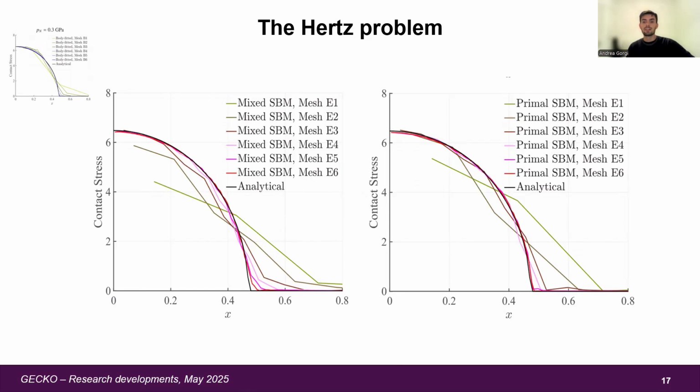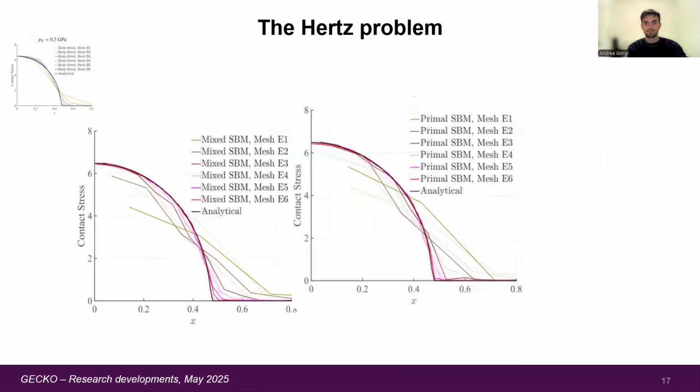But we discovered that actually the convergence for the stress field, or in general for the derivatives of the solution, performs very well even for the application on Neumann boundary conditions. And in fact, the conditions for the contact are not so different from the conditions on Neumann boundaries.